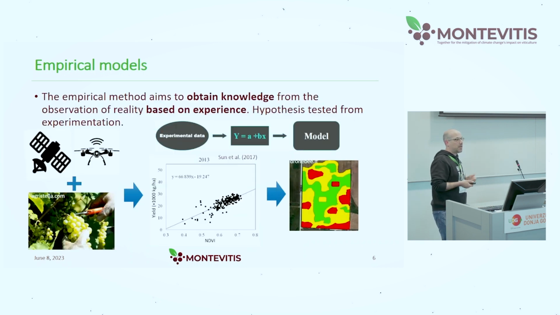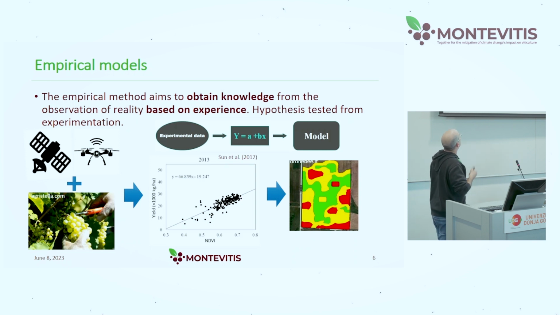The empirical models obtain their knowledge basically from expertise. It's not related to a biological phase of the plant, but rather to the relation between one component or behavior and some specific components in the plant.